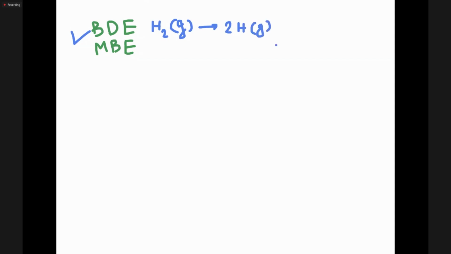So from H2 gas, they will be producing two hydrogen atoms. And the delta H of H minus is 435 kilojoule per mole. This BD stands for the bond dissociation of this HH bond.